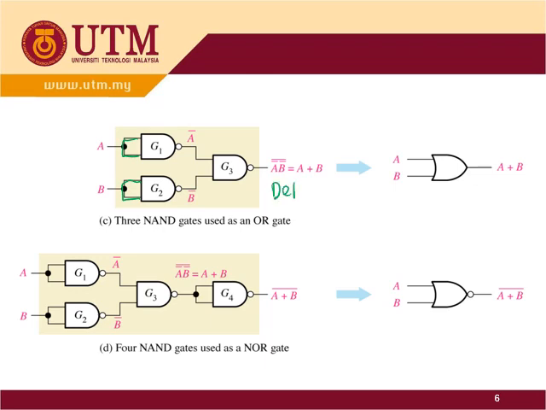Please De Morgan this. Let me just write it here. Dot becomes plus, long bar becomes short bar, you get A plus B. Proven, this is an OR gate and you need 3 NAND gates.